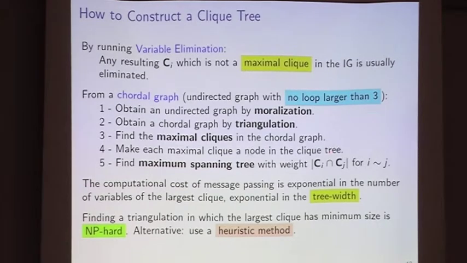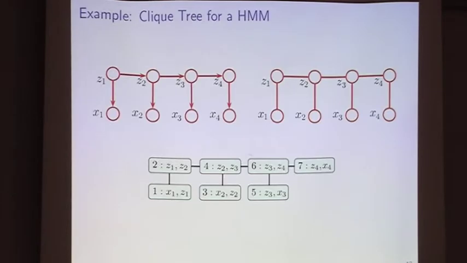And then find the maximal cliques in the resulting graph. So the maximal cliques in this graph, we have that each pair of 2 nodes is a maximal clique. We cannot add any other node to any pair of nodes without the resulting graph ceasing to be a clique. So if we have these 2 nodes, Z1 and X1, we cannot add Z2, for example, without the 3 nodes still being a clique.